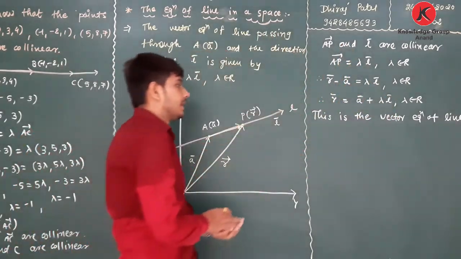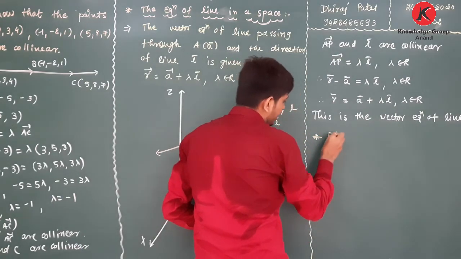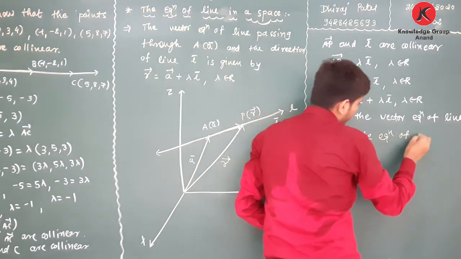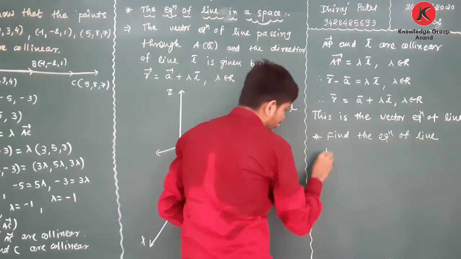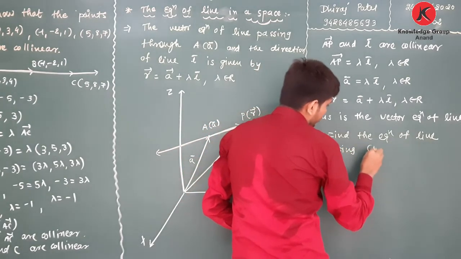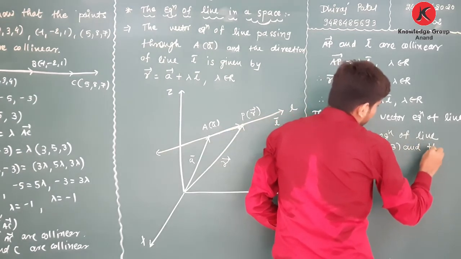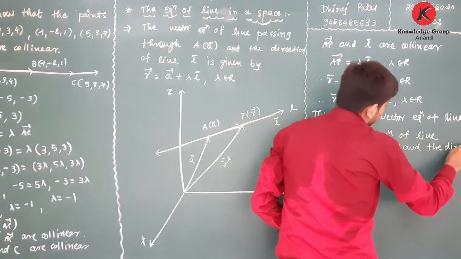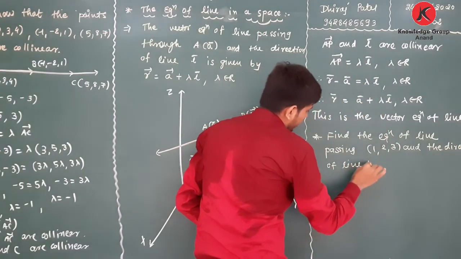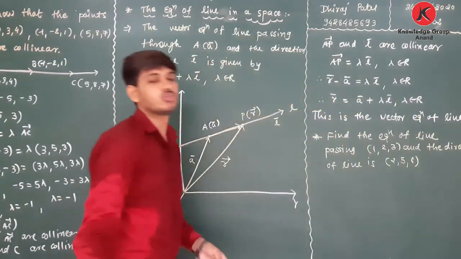Clear? Now a related question. Find the equation of line passing through the point 1, 2, 3, and the direction of line is 2, 5, 8.